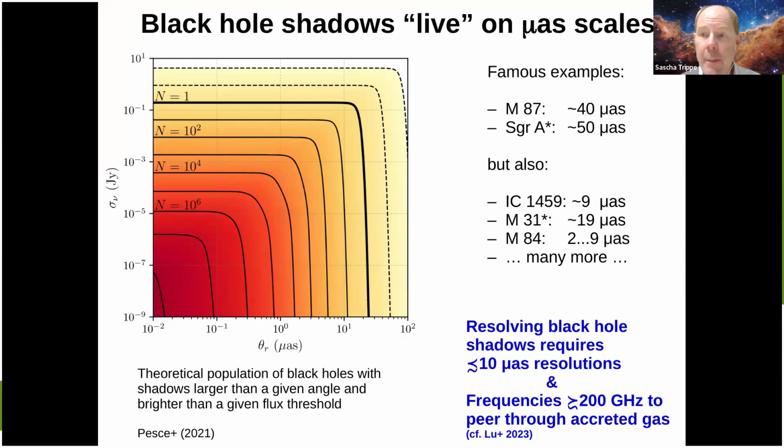This is a very small number. But as it turned out, with a lot of effort and long-term preparation, it was just about doable to build the EHT with an angular resolution of about 20 microarc seconds, to resolve and to obtain images of the shadows of these two black holes.